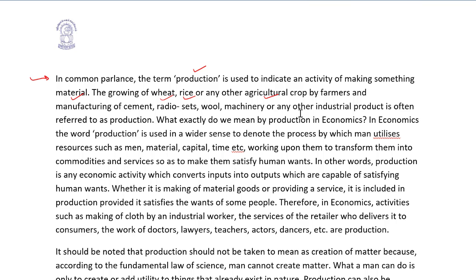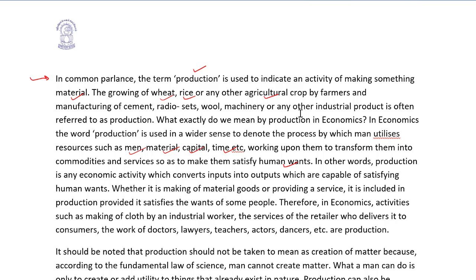What exactly do we mean by production in economics? In economics, the word production is used in a wider sense to denote the process by which man utilizes resources such as men, material, capital, and time, working upon them to transform them into commodities and services, so as to make them satisfy what? Human wants.